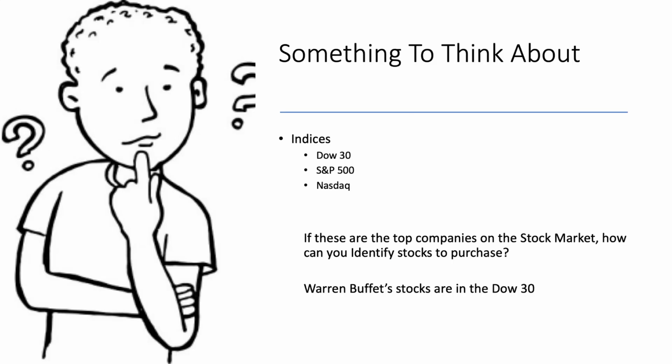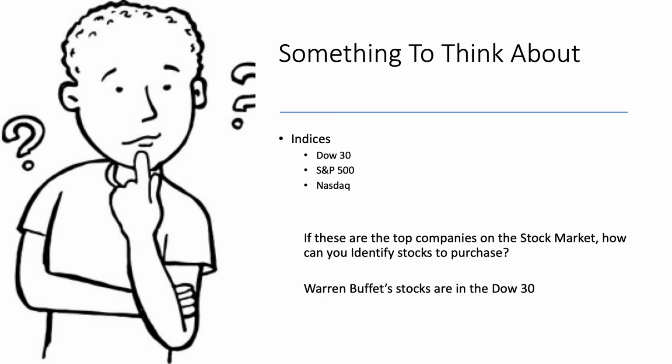So what is our something to think about? We have what we call indices. And an index is an index of various organizations or various companies that are on the stock market. You've heard of the Dow, S&P, NASDAQ. So what the Dow is, the Dow has the top 30 companies who are on the public market.